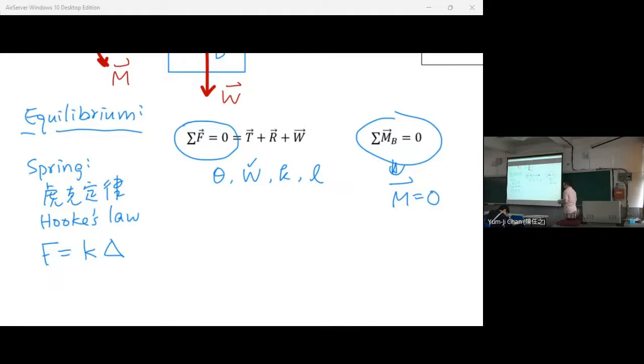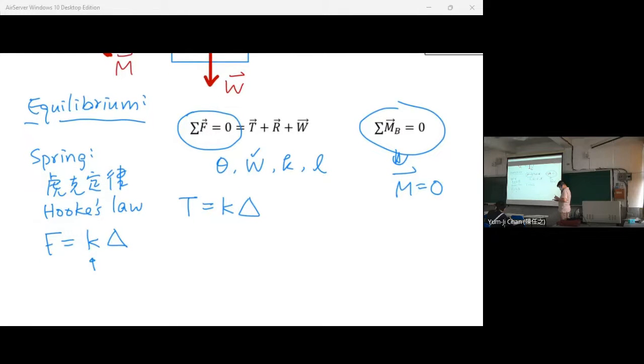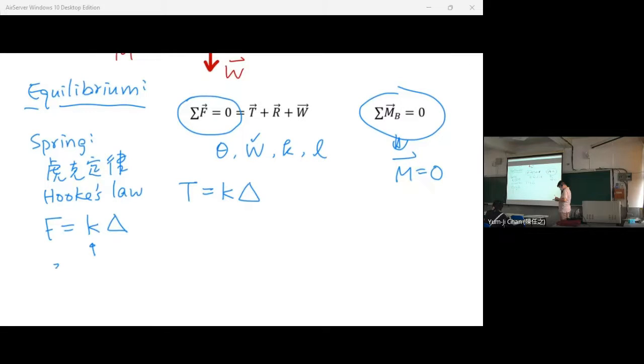Delta is the change of length here. So here we have T is equal to K delta. K is the spring constant.